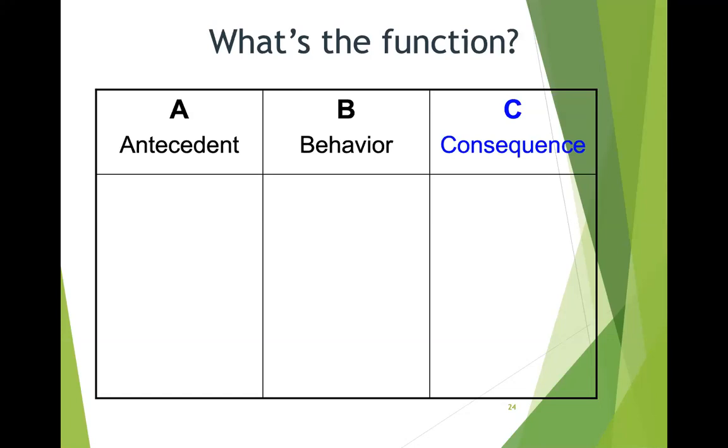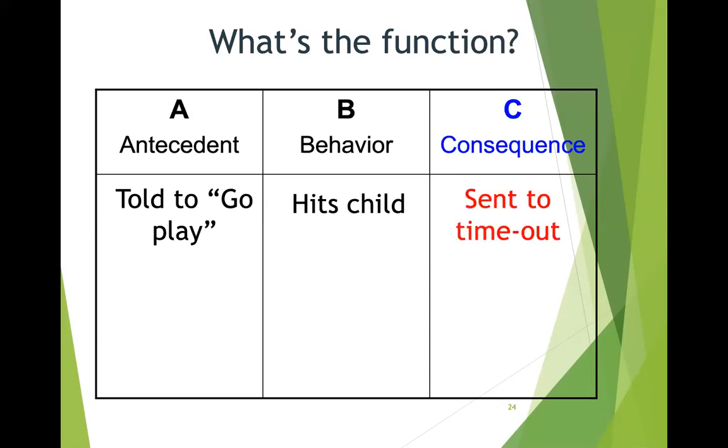So what do you think, looking at our behavior? Sally hits a child. The antecedent was she was told to go play. So what will she probably do in the next instance? She will probably hit again. So instead, we want to walk out to recess with her and reinforce her for playing appropriately, but not allow her escape for hitting.